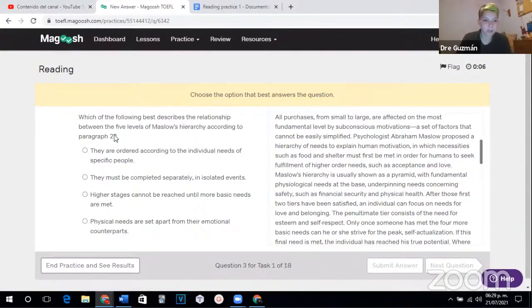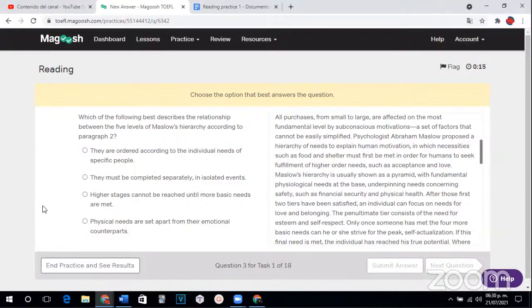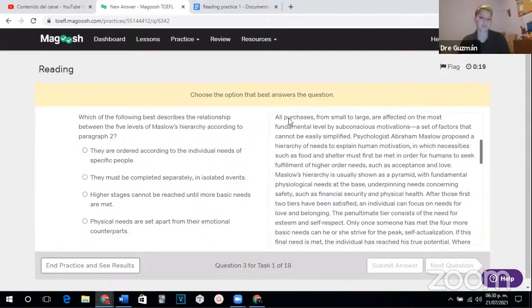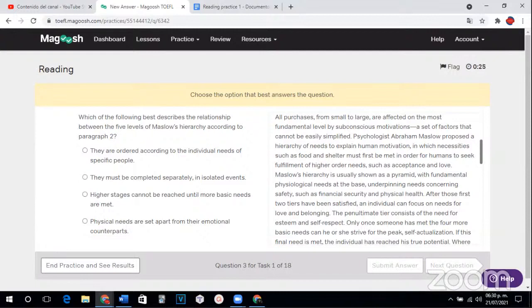Roger, would you like to read and tell us which one you think it is? Okay, this is more concepts. Go ahead. Do I read the paragraph or just the question? Just the question, and you tell us which one you think is the correct answer. Okay. Which of the following best describes the relationship between the 5 levels of Maslow's hierarchy according to paragraph 2?